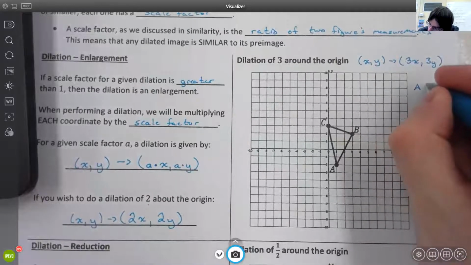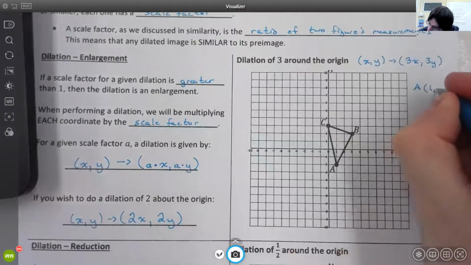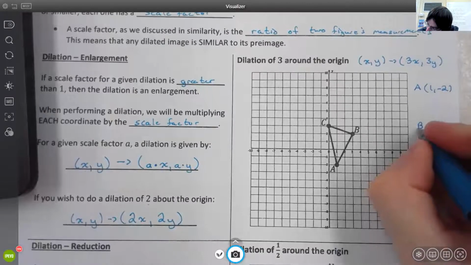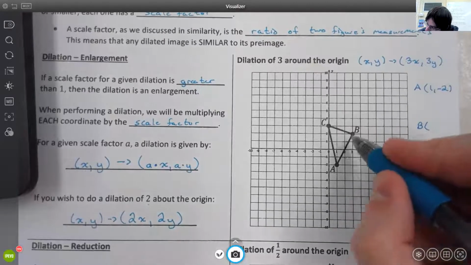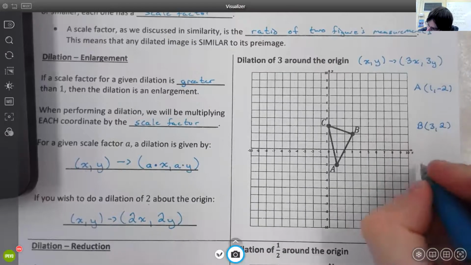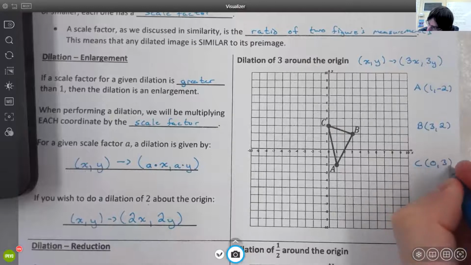A is at (1, -2), B is at (3, 2), and C is at (0, 3).